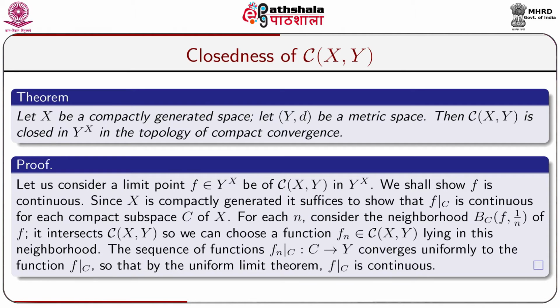So by the uniform limit theorem, f restricted on C is continuous. Hence, by the previous theorem, f is continuous. This proves that f belongs to C(X,Y), that is, C(X,Y) is closed in Y to the power X in the topology of compact convergence.